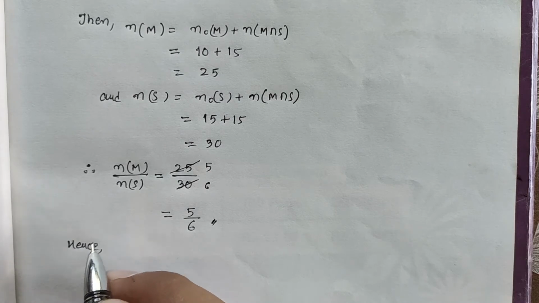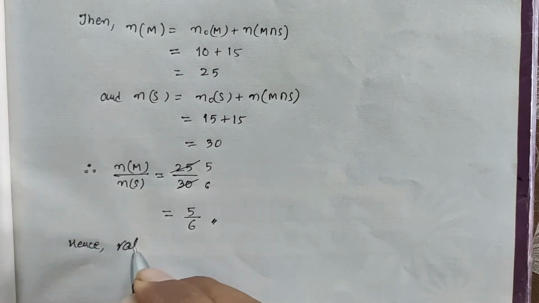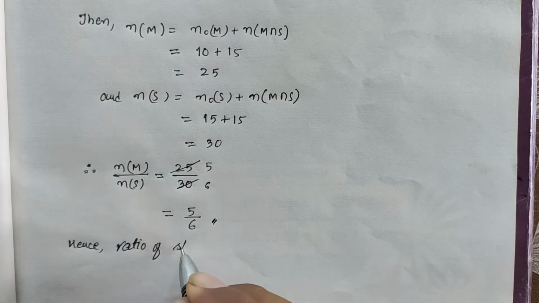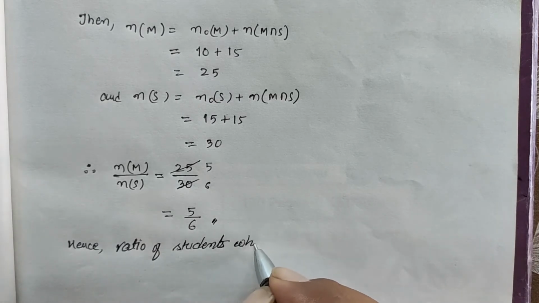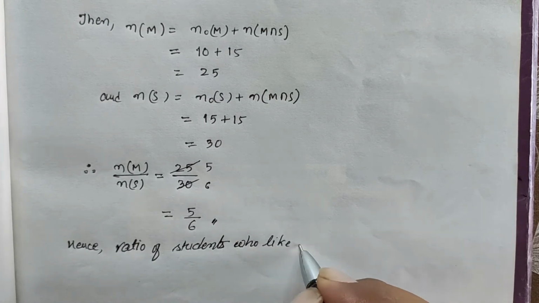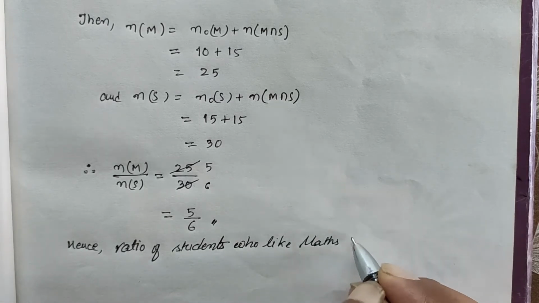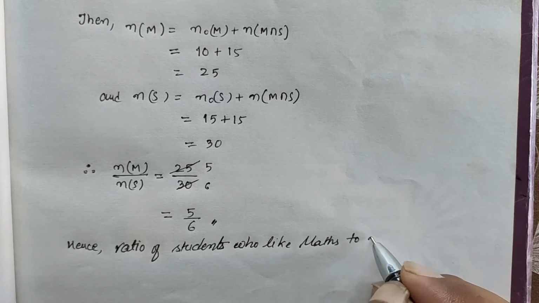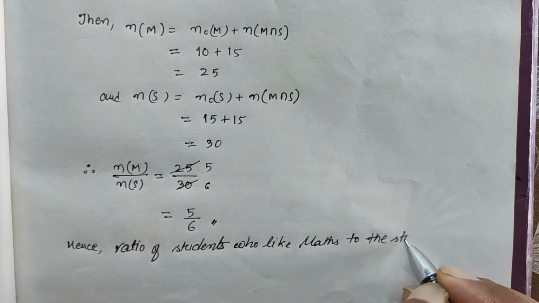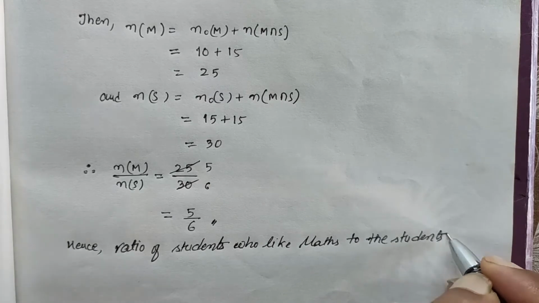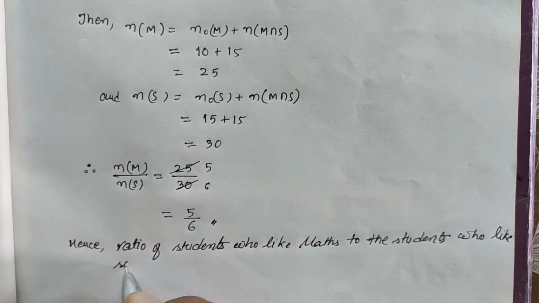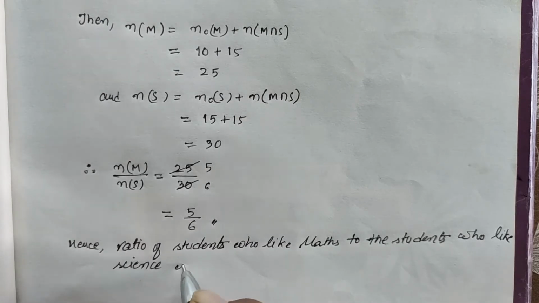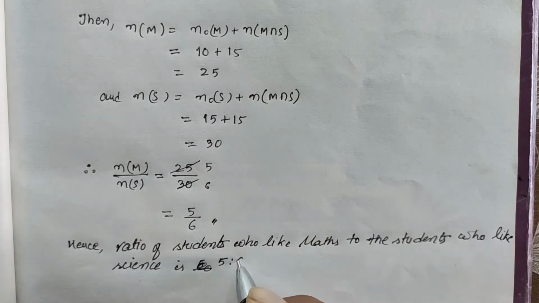Hence the ratio of students who like maths to the students who like science is 5:6, or you can write it like this, 5:6.